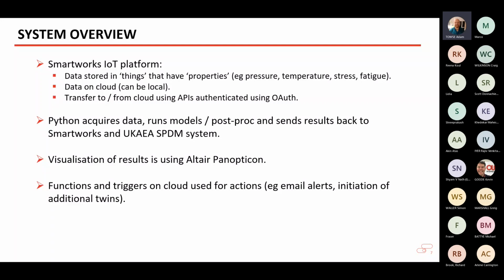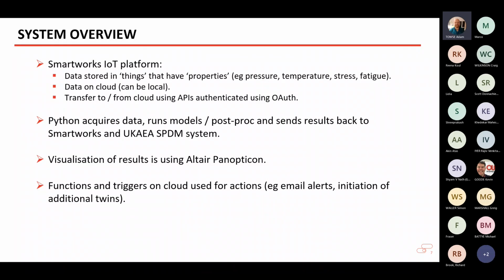Specific outputs, or virtual gauges, if you like, were then extracted and pushed back up to that platform. And then the Python program went off and got the next hour's worth, and so on and so on. It just sat there running, ticking away 24/7. We could visualize the results whenever we wanted to. We could just dip in, and that's using a program called Panopticon.